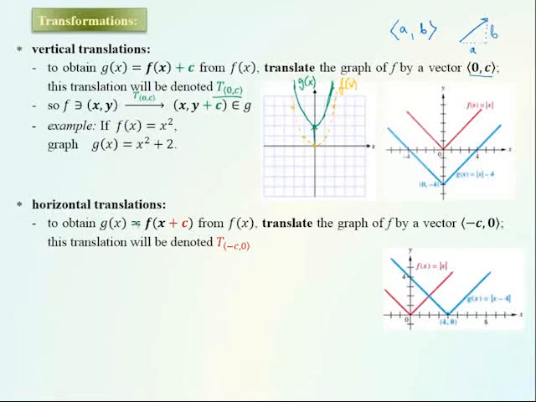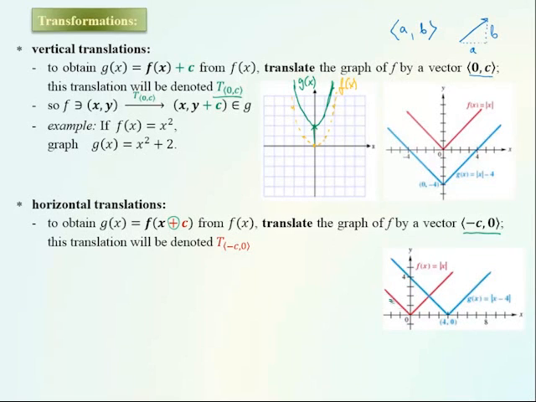Another type of translation is a horizontal translation. The graph of the given function f of x will be moved horizontally if the new function has some constant added just to the x inside the function. So such a function will be obtained from f of x by translating the original graph by the vector <negative c, 0>. So opposite sign to whatever you see.